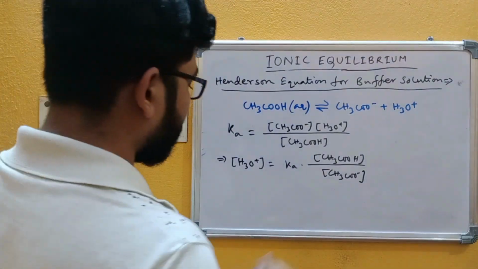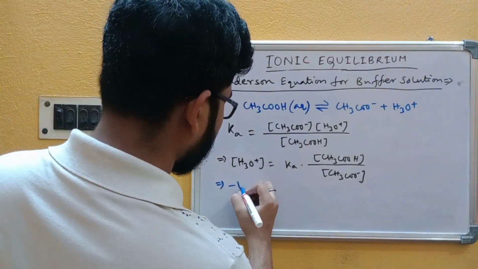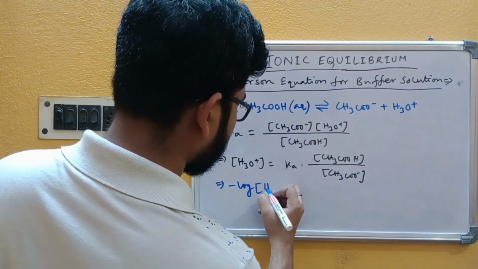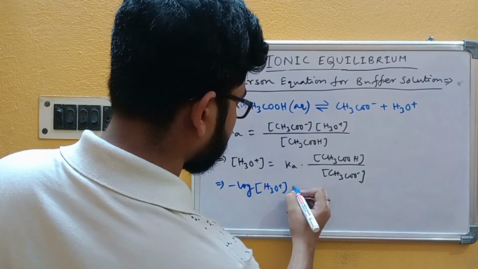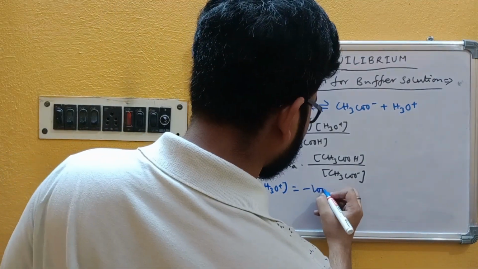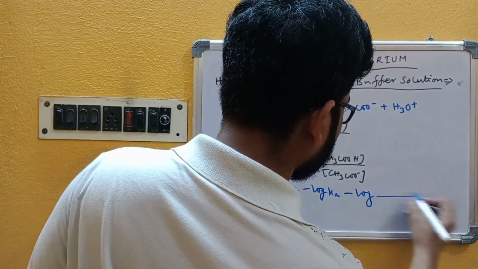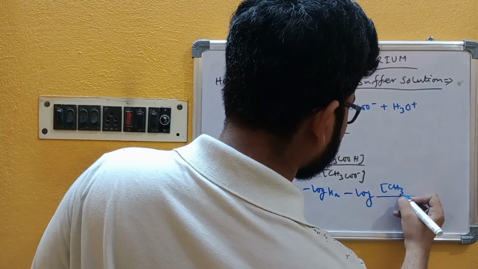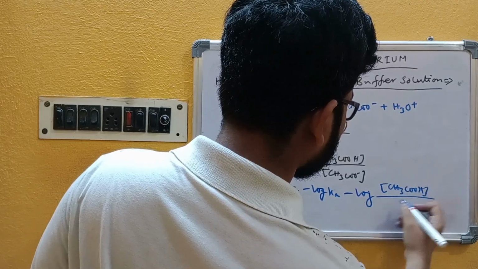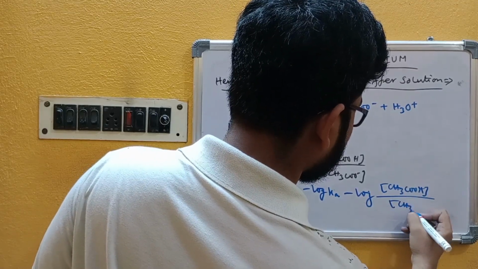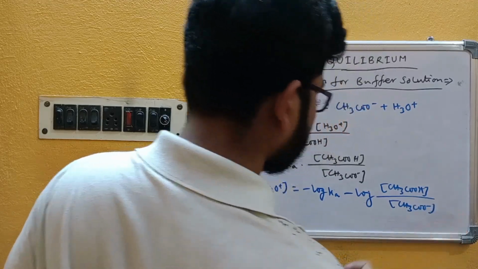Take negative logarithm in both sides. So minus log concentration of H3O+ is equal to minus log Ka minus log CH3COOH upon CH3COO-.